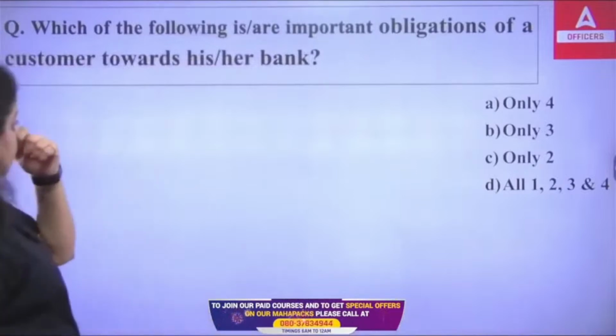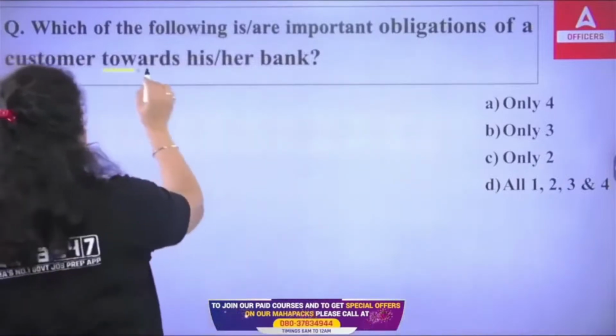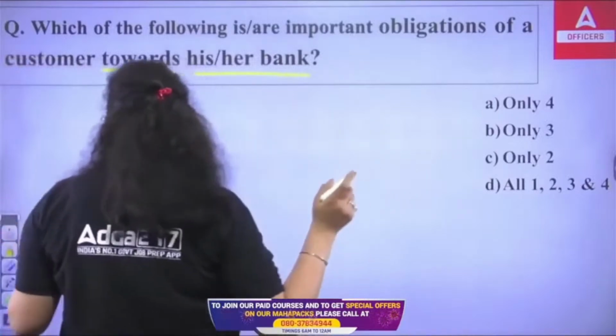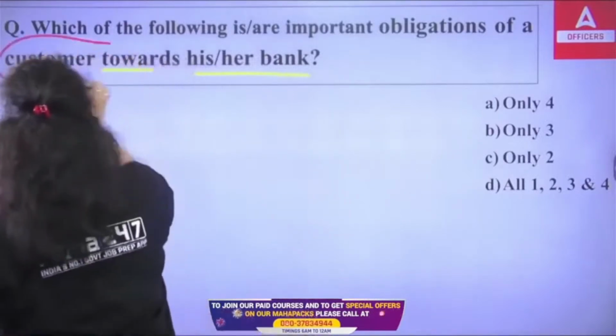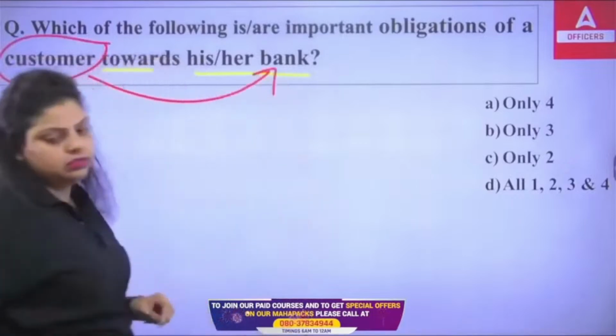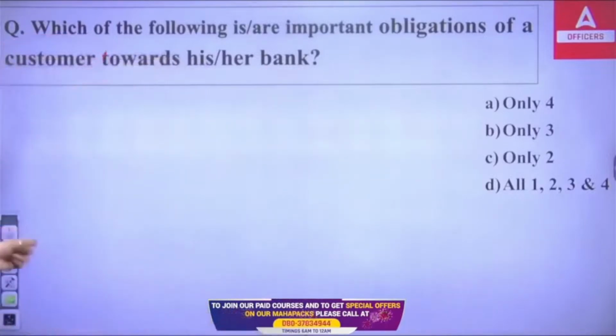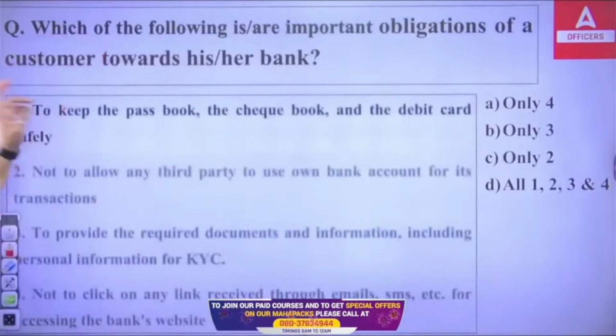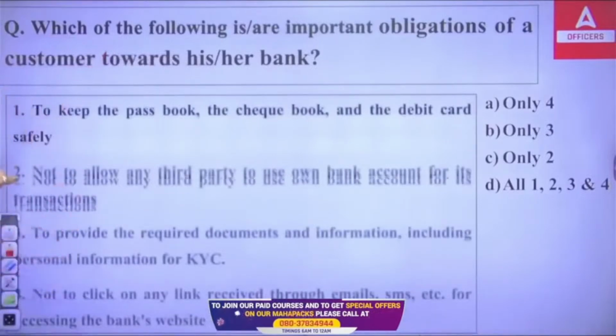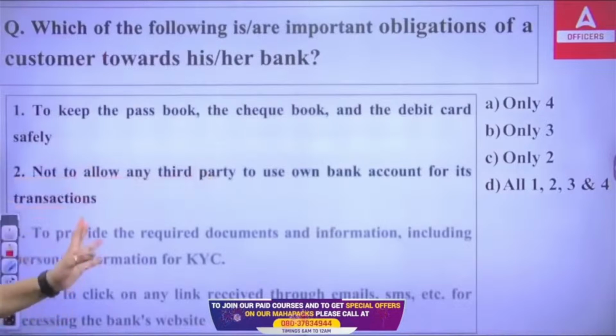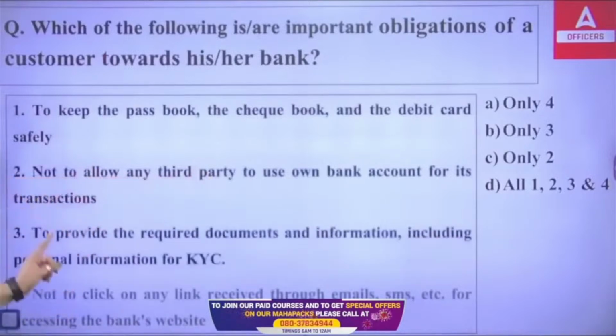Which of the following is an important obligation of a customer towards her bank? Now, we are talking about the obligation of the customer towards the bank. The options we have: to keep the passbook, the checkbook, and the debit card safely; not to allow any third party to use your own bank account for its transactions; to provide the required documents and information, including personal information for KYC; and not to click on any link you receive through emails, SMS, etc. for accessing the bank's website.